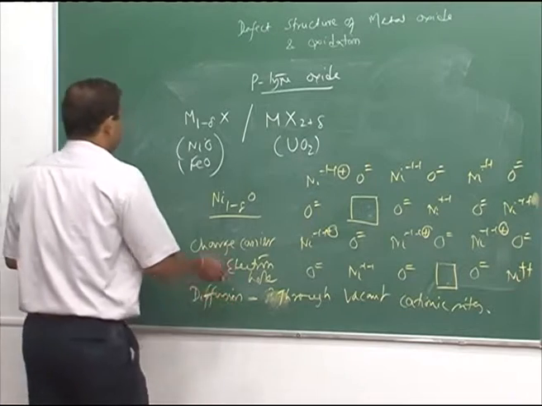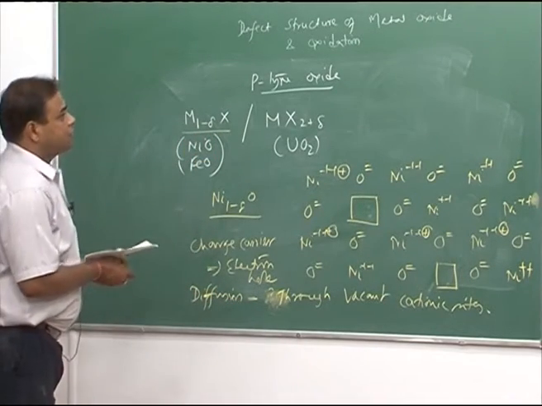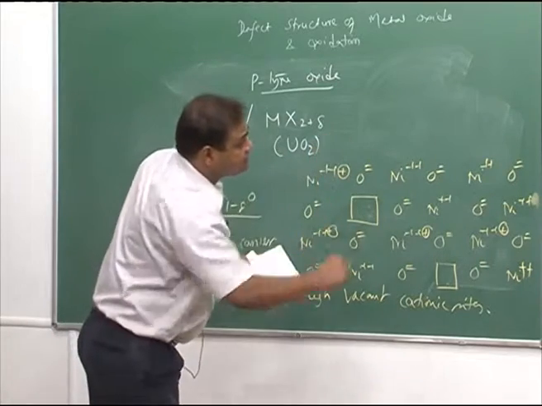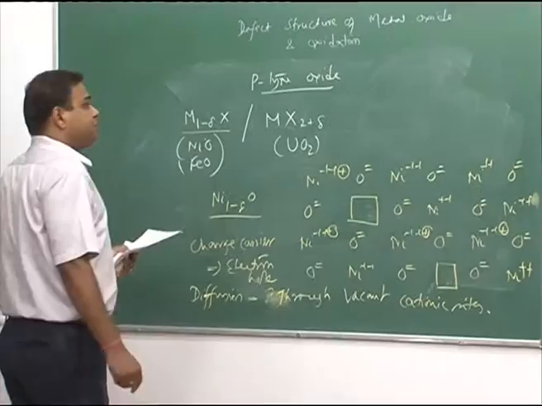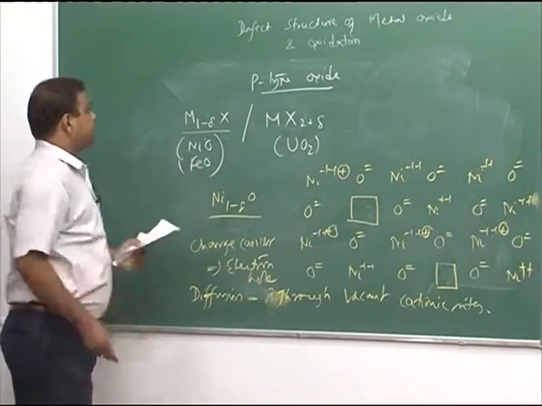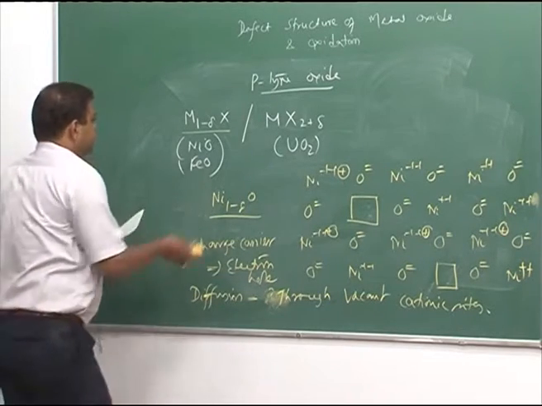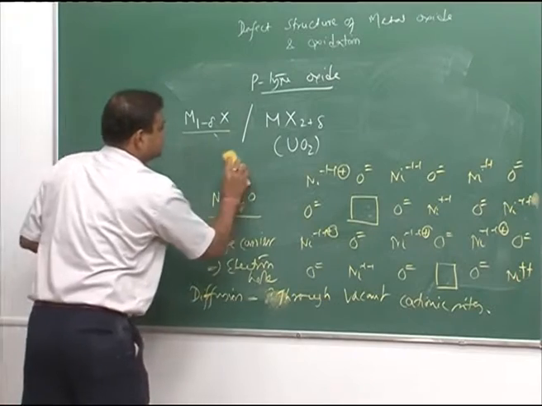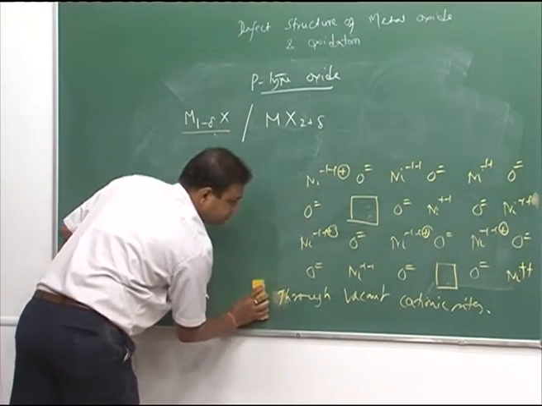Now, in case of P type oxide, let us see what happens in case of metal deficient P type oxide. So, let us see how the growth is taking place.